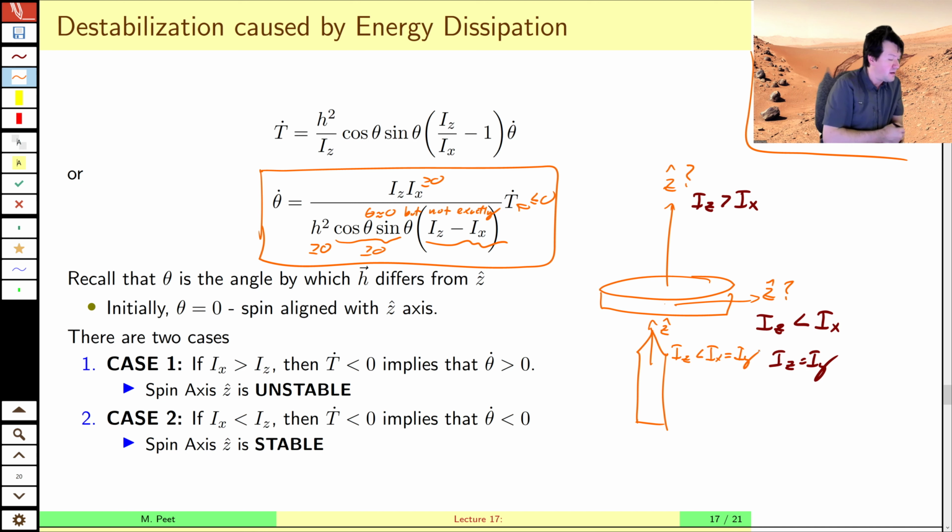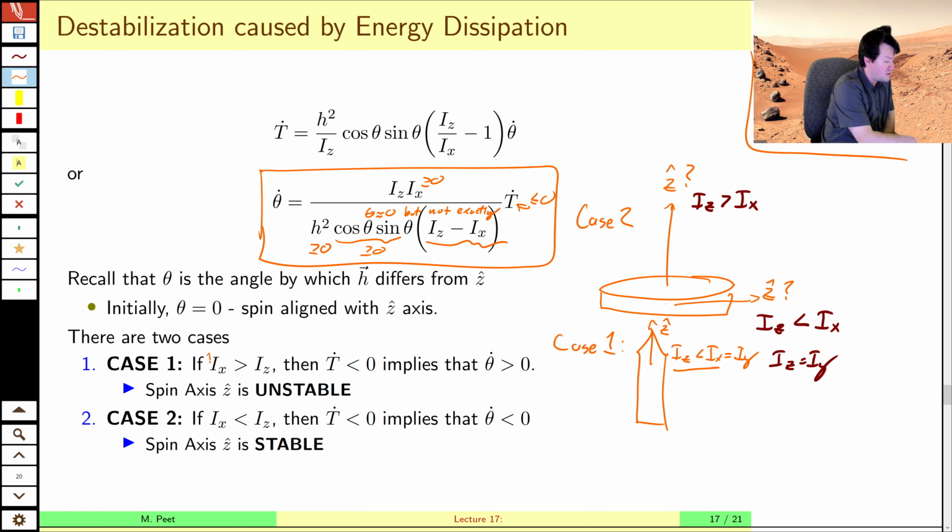In any case, let's consider these two cases. Let's call this case 1, and this is case 2. Now in case 1, the z-axis is a, oh, hold on, I've labeled them incorrectly, my bad. This is case 2, and this is case 1. So in case 1, we're spinning about the minor axis, z. So Iz is less than Ix.